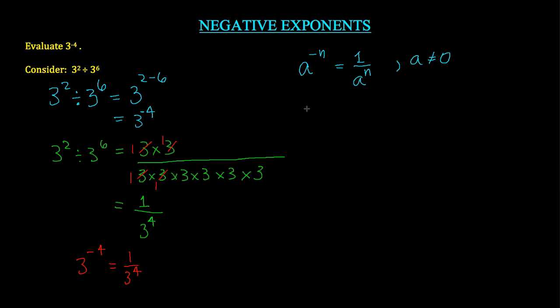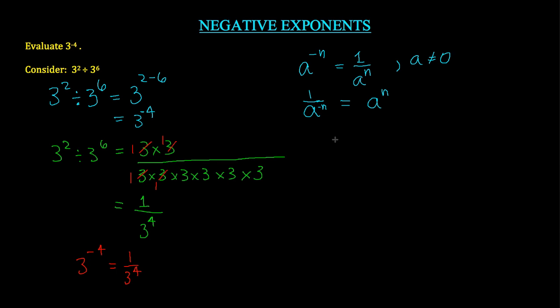There are two other variations that are worth writing down. If we have 1 over a to the negative n, so the power with the negative exponent is residing in the denominator, well, it looks like this: a to the exponent positive n.